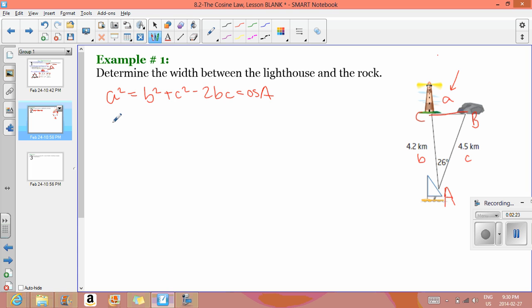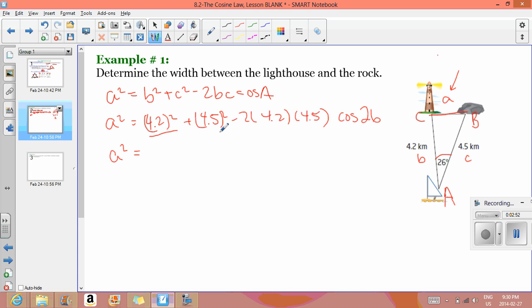So if we start subbing in values, we don't know what the lowercase a is. We do know that b is 4.2, squared, and we do know that c is 4.5, and we must square it. And then it's minus the 2 times the b, which is 4.2, times the c, which is 4.5, cos. We do know angle A. That's right here. So we have cos 26. If you follow your BEDMAS, you'd have to do all the exponents first, and you'd have to multiply this.